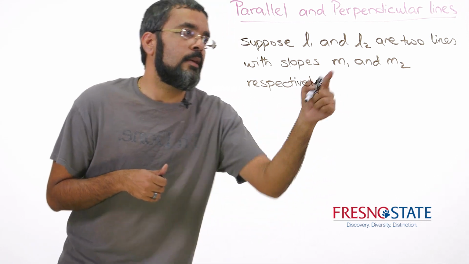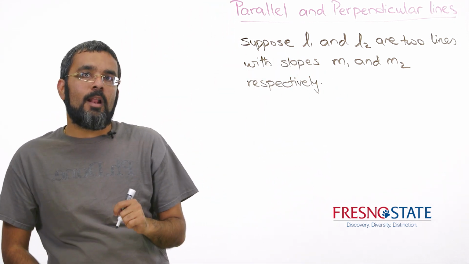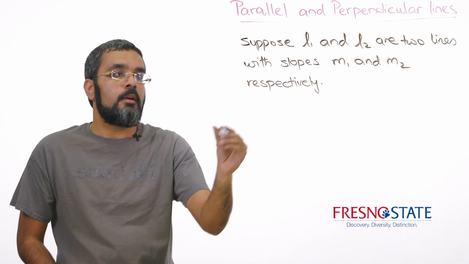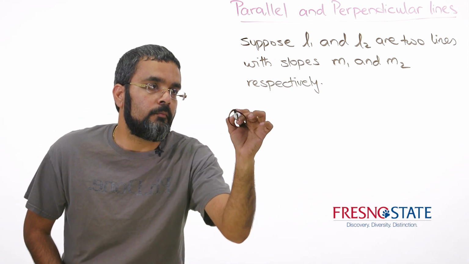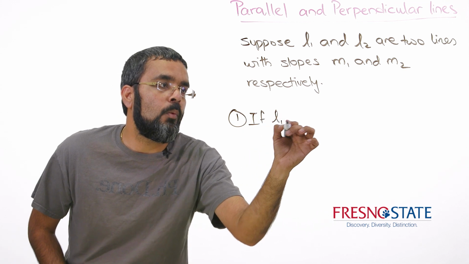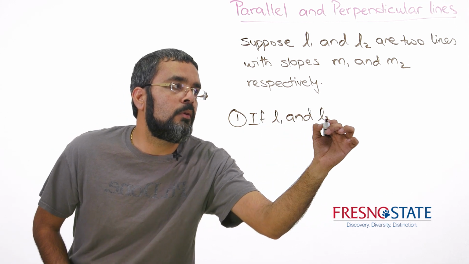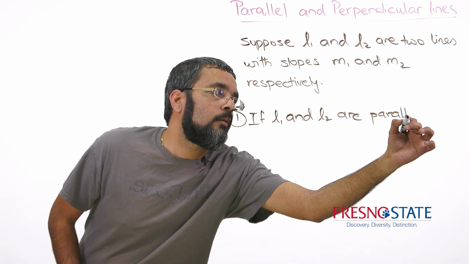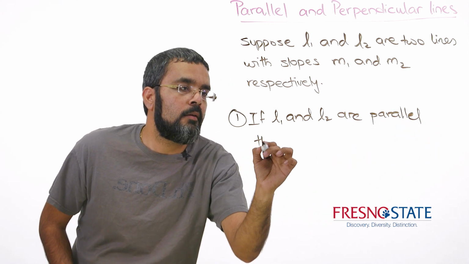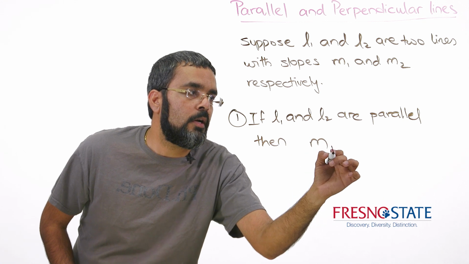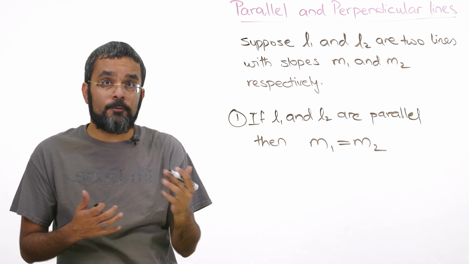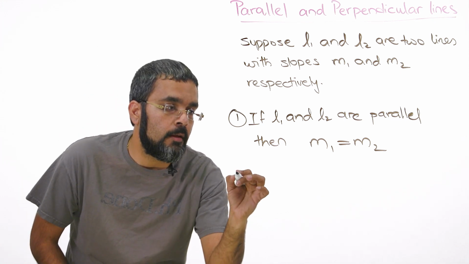What that means is M1 is the slope for the line L1 and M2 is the slope for the line L2. Okay, so if L1 and L2 are parallel, then the slopes are equal. They have to have the exact same slope.